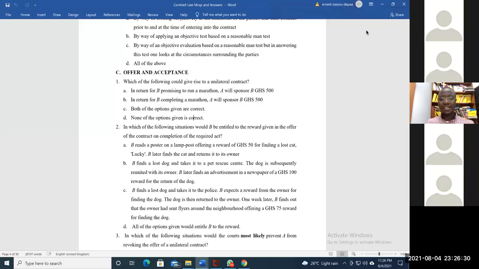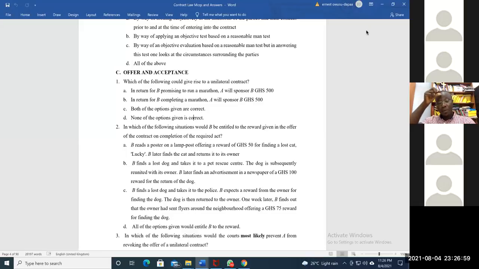B later finds the cat and returns it to the owner. B, B finds a lost dog and takes it to a pet rescue center. The dog is subsequently reunited with its owner. B later finds an advertisement in the newspaper of a 100 Ghana cedis reward for the return of the dog. C, B finds a lost dog and takes it to the police.